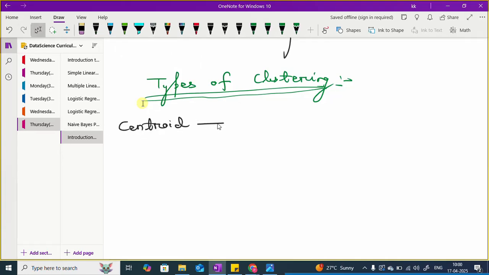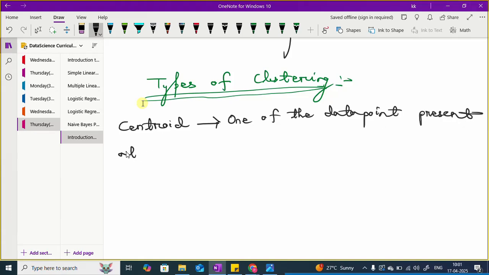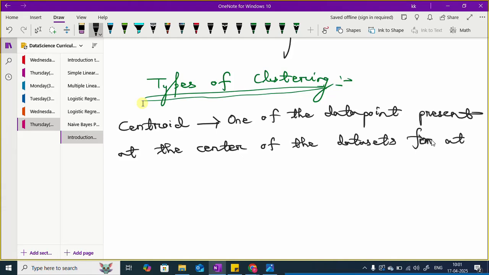What is a centroid? A centroid is nothing but one of the data points present at the center of the data set, or the data points in that particular cluster.